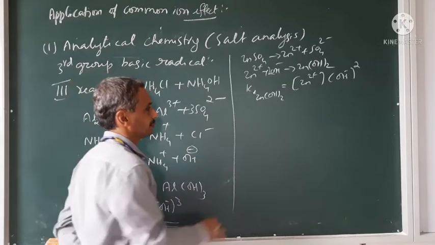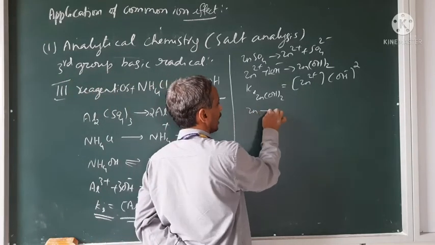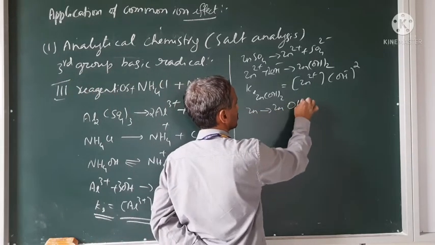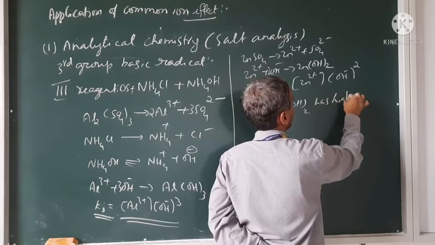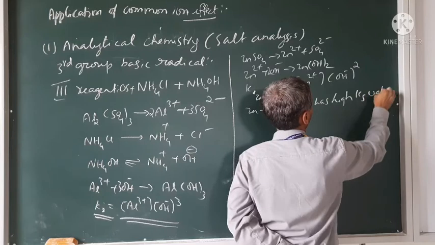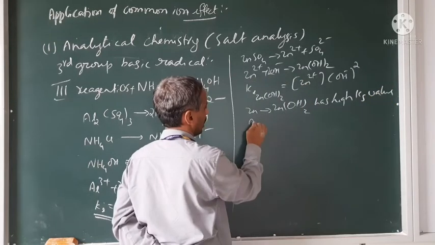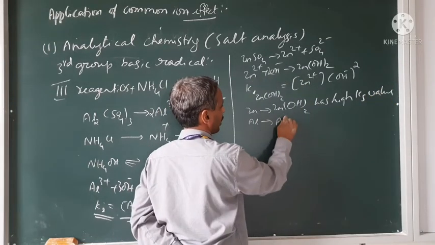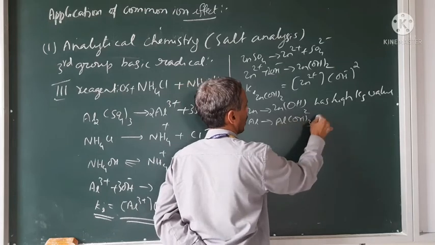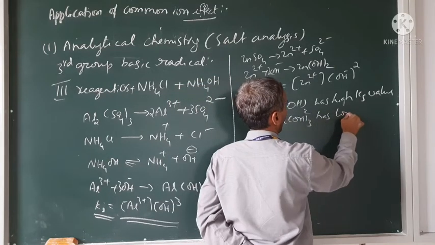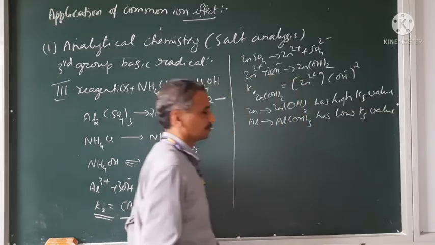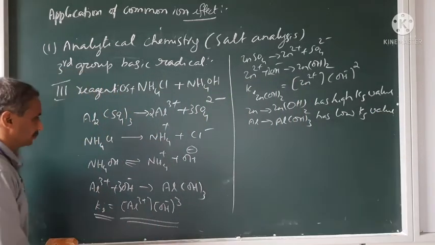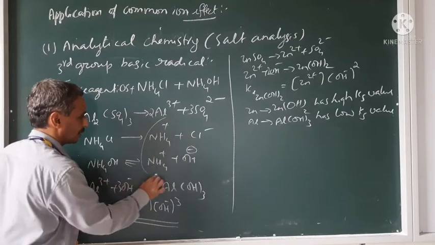And remember, zinc hydroxide has a high Ks value, whereas aluminium hydroxide has a low Ks value. Remember this. Now see here. There is a common ion effect.